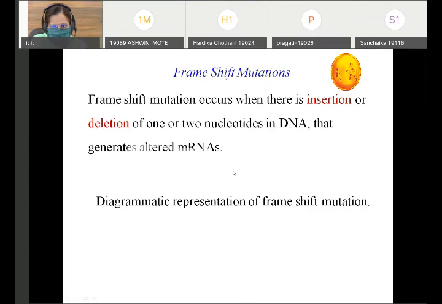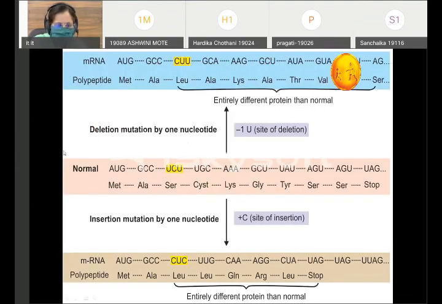This is a diagrammatic presentation you can see here. In the middle part, you can see the normal code. In yellow color it is UCU. If this third base is deleted, then what will happen?